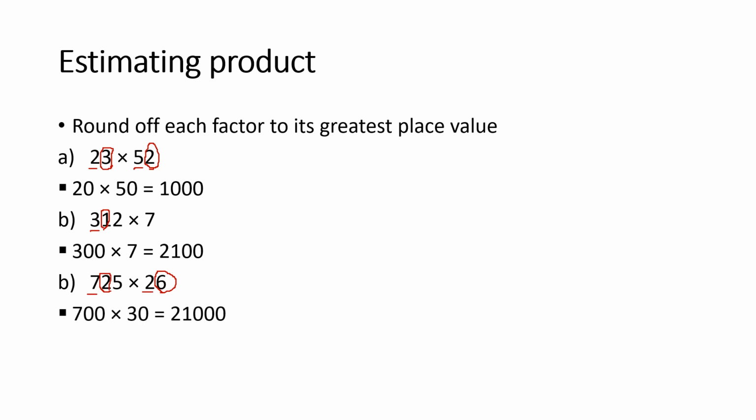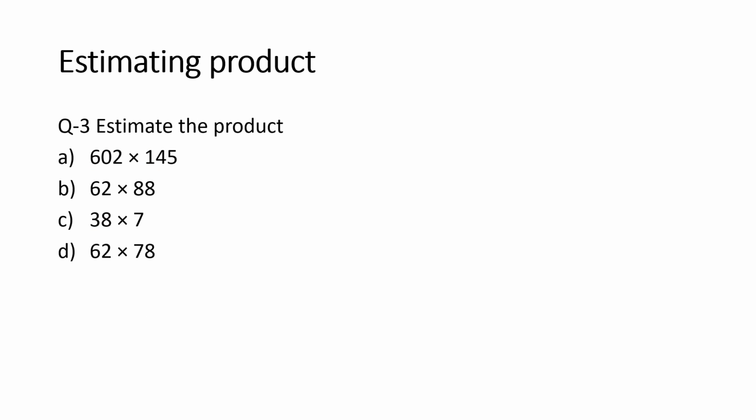So 700 multiplied by 30 equals 21,000. Now it is practice time. Estimate the product. 602 multiplied by 145, 62 multiplied by 88, 38 multiplied by 7, 62 multiplied by 78.